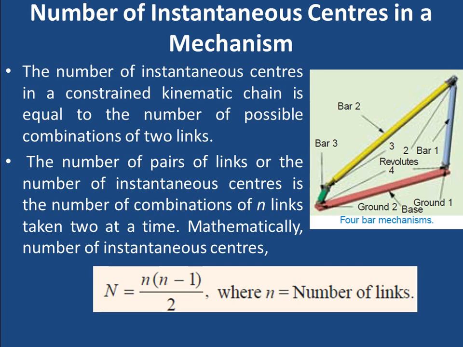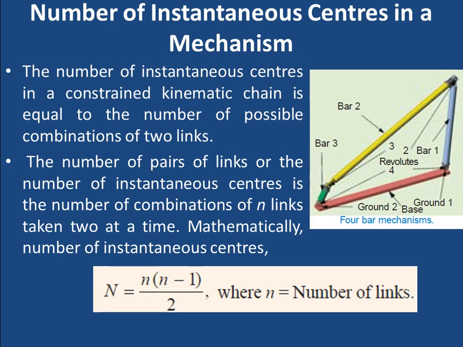Instantaneous centers connect two links, whichever combination of two links. For example, 1 to 2: I12 will be one instantaneous center. For 2 and 3, the instantaneous center will be I23. Similarly, for 3 to 4, it will be I34, and for 1 to 4, it will be I14.